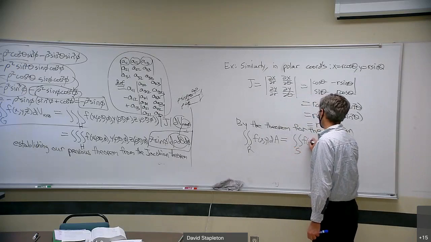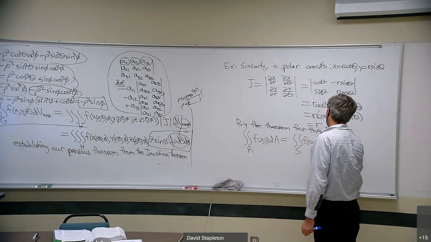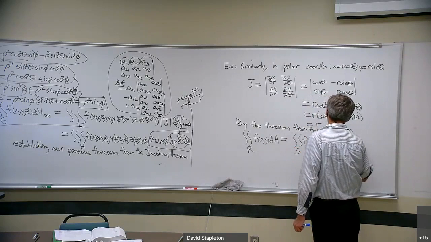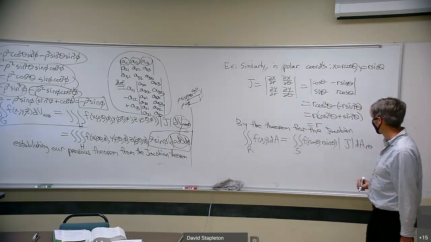In f, replace x with r cosine theta, replace y with r sine theta. Put in the absolute value of the Jacobian, dA in r theta coordinates.